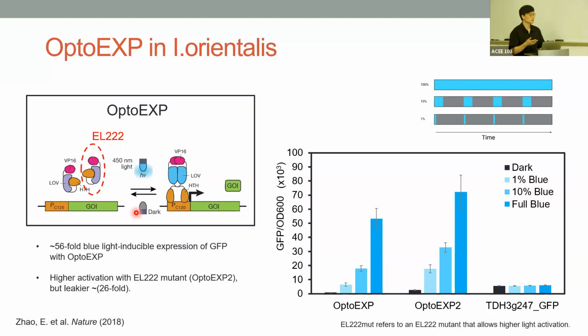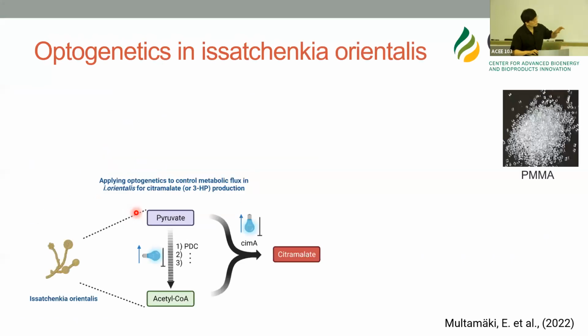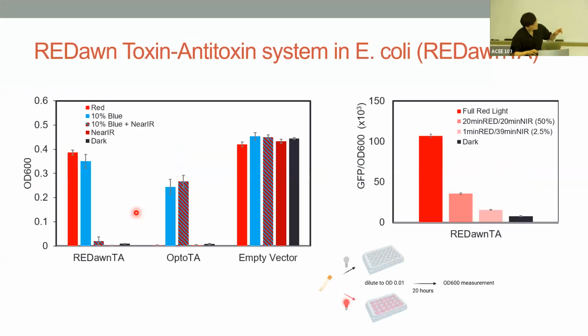Yeah, that's actually one of the beauties of this. What I have here is 20 seconds of red and 20 seconds of near IR followed by it in cycles. But in theory, you can change the intensity as well, and have two lights on at the same time, and you can use that to tune as well. I'm not sure if that's your question.